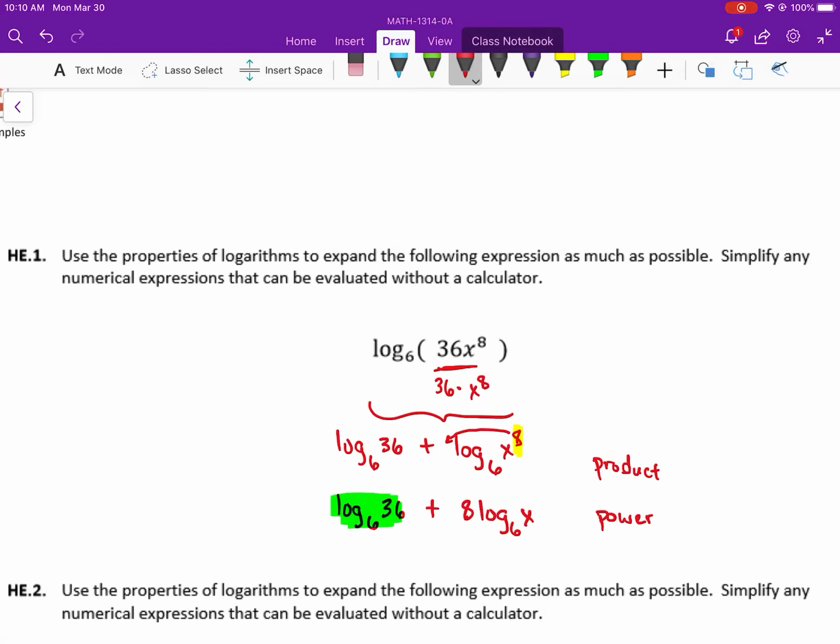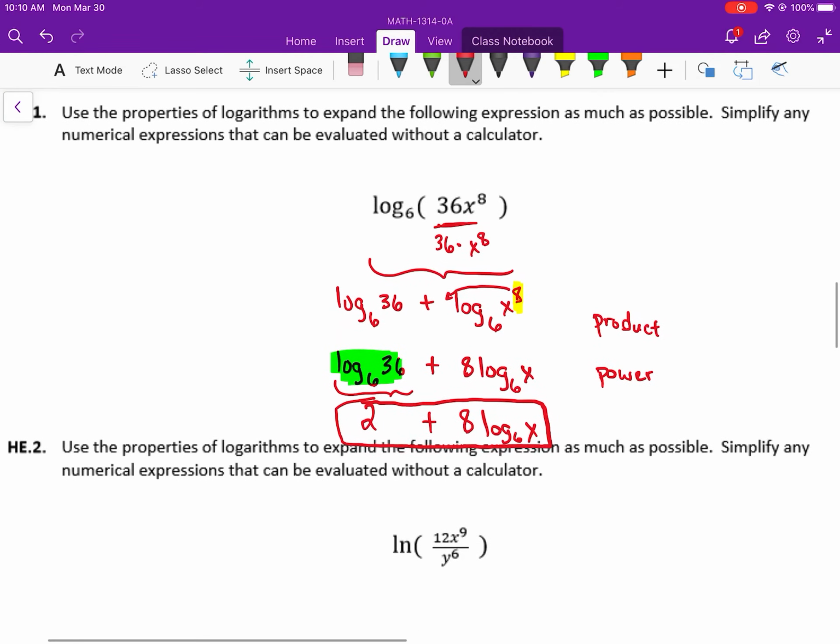This points back to section 7.3, so hopefully you're comfortable with section 7.3 at this point. 6 to the what power is 36? That would be 2. 6 to the second power is 36. So this right here equals 2. So that's 2 plus 8 times log base 6 of x, and that is my answer.